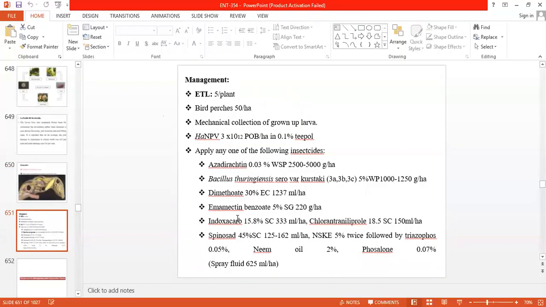Management practices: ETL level of that pest is near about 5 infested pods. Bird perches, 50 bird perches should be installed in a 1 hectare area.